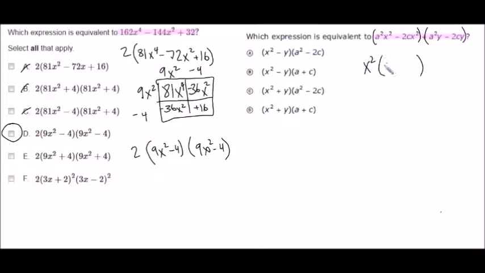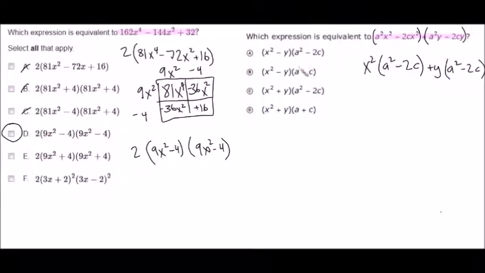That would be a squared minus 2c. And this second group is going to have y in common. A squared minus 2c, if I factor out the y.